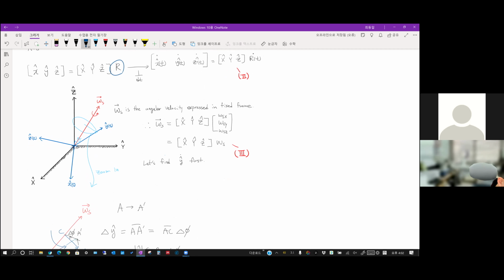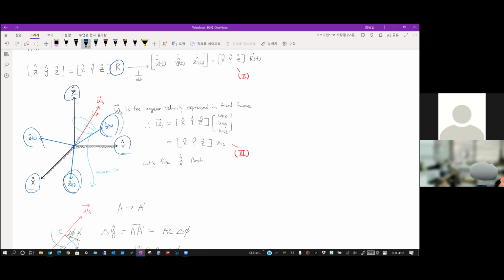Here, there is the x-axis. This one is the fixed axis. And there is a moving frame here, the small xyz. And this capital XYZ is fixed, and the small xyz is the moving frame. And this moving frame is rotating along this angular velocity vector. And this angular velocity is fixed on the fixed frame.